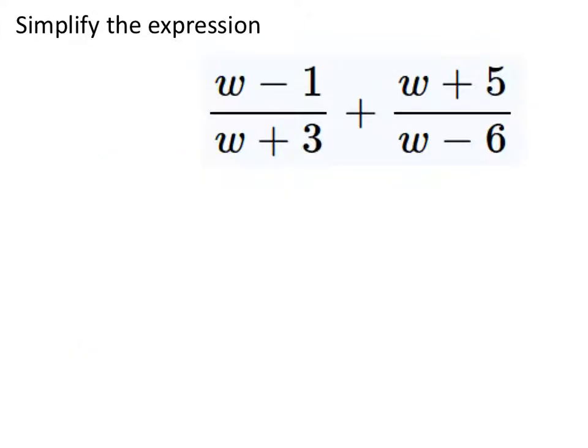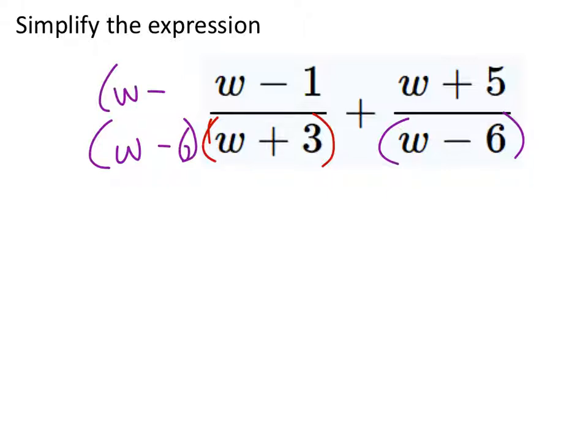Same idea as those last few, right? I have this w plus 3, which is good, but I don't have a w minus 6 there. So I need it, so I'm going to multiply it by w minus 6, but to make it a factor of 1, I need that in the numerator as well, and it may help to see that as two binomials, because it's really w minus 6 times that quantity, w minus 1.